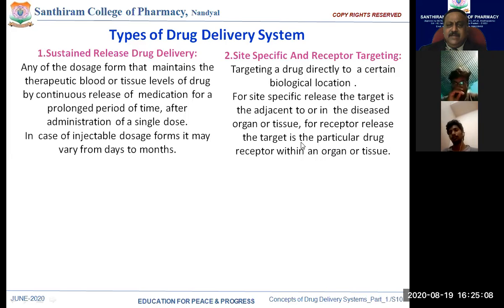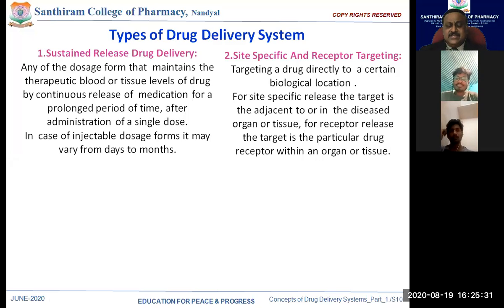For example, you all must be familiar with enteric-coated tablets, right? You must have studied them in your previous semesters. Enteric-coated tablets are targeted for drug release in the small intestine. The drug will not be released from the dosage form when it is in the stomach region.